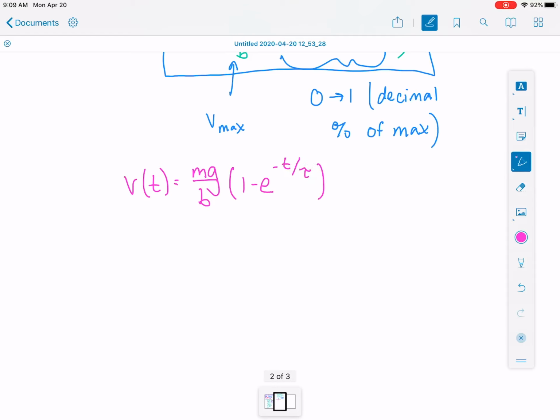This is going to simplify it a little bit. We're going to say tau is equal to m over b, and we're going to call that one time constant.